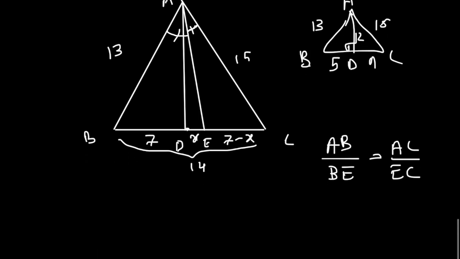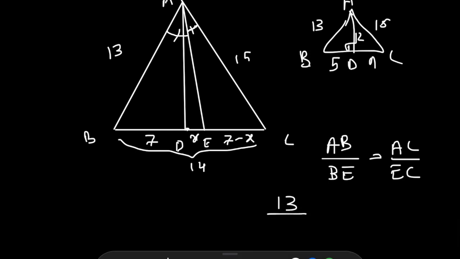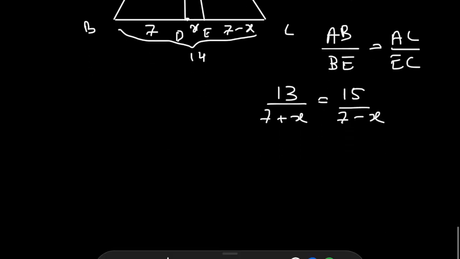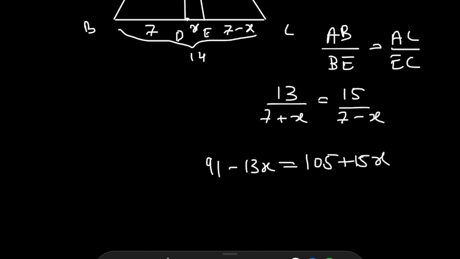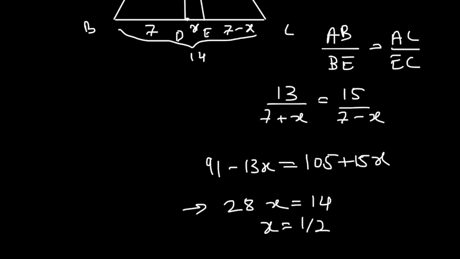So plugging in the values that we know, AB is equal to 13, BE is equal to 7 plus x, and this equals AC, which is 15, over EC, which is 7 minus x. So let's go ahead and cross multiply. We get 91 minus 13x is equal to 105 plus 15x. 28x is equal to 14, which gives us that x is equal to 1/2, right?